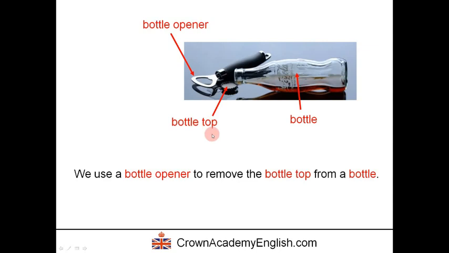Okay, or we can simply say to open the bottle. So we often use this with bottles of soda, Coca-Cola, and often with beer as well. If you have a bottle of beer, then you need a bottle opener to remove the bottle top to open the bottle. Okay?